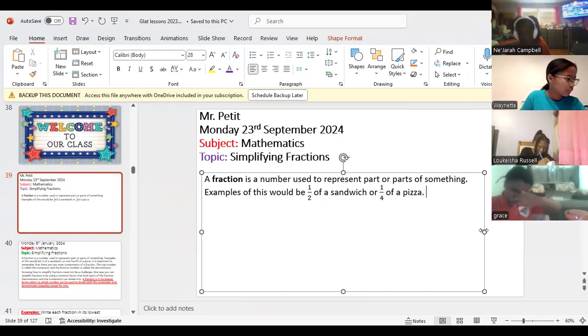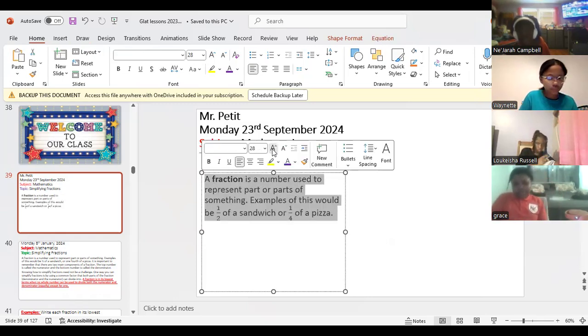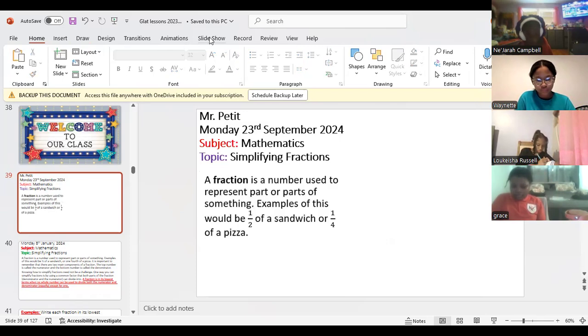So we are using fractions in these cases to represent part or parts of something.